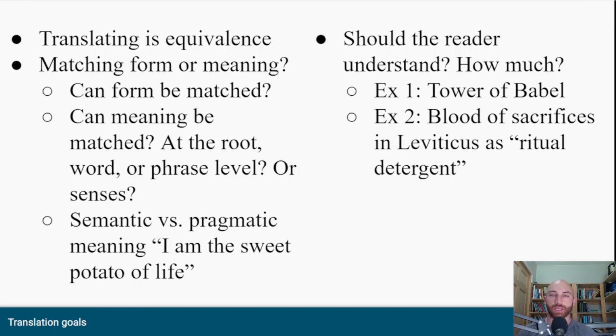Now, when you do this, you are suggesting that poreuomai should be mapped onto this other English word. But the reality is that choosing that English word is always going to be an approximation.